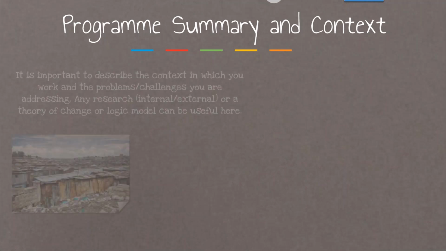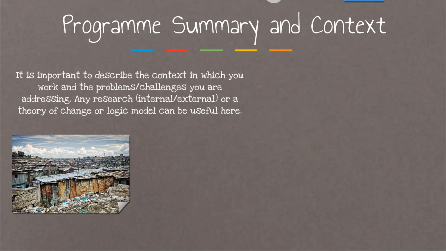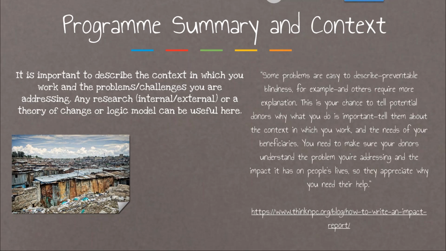So it's important to describe where you're working and the problems and challenges you're addressing. Any research, internal or external, or a theory of change or logic model can be useful here. So this is where giving some understanding to people who may not be familiar with your program or where you're working is really very helpful.